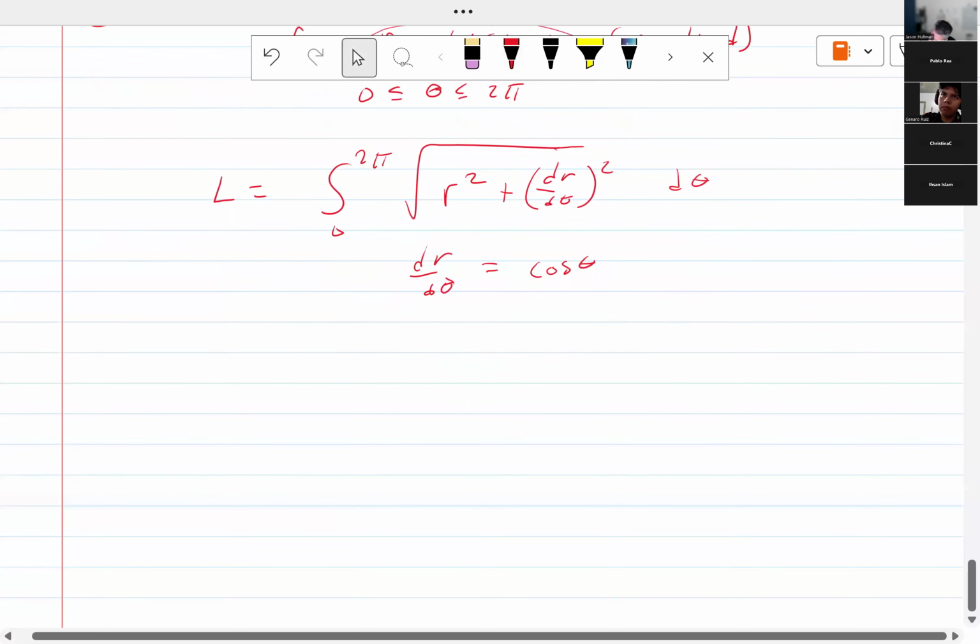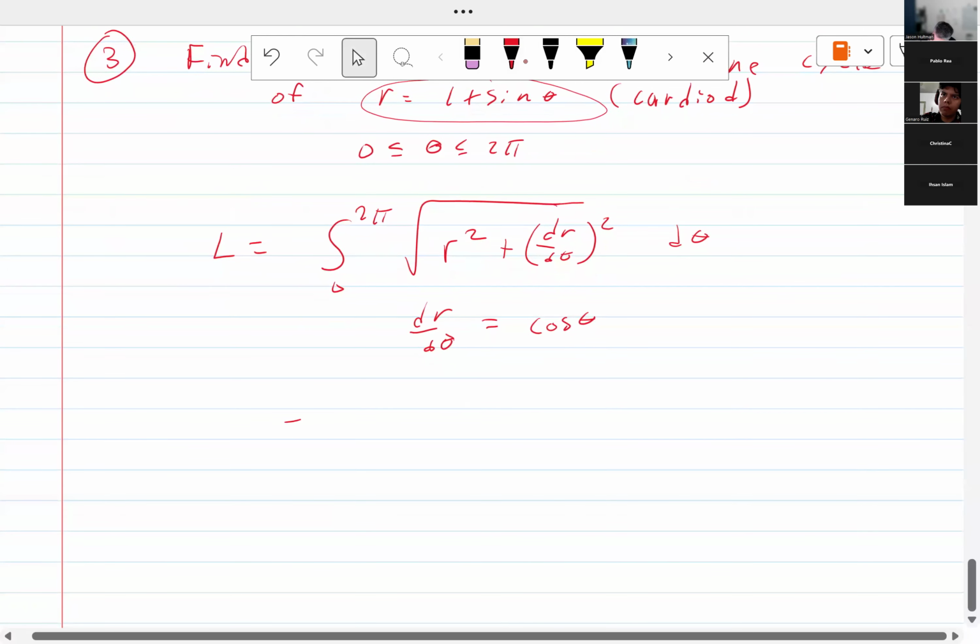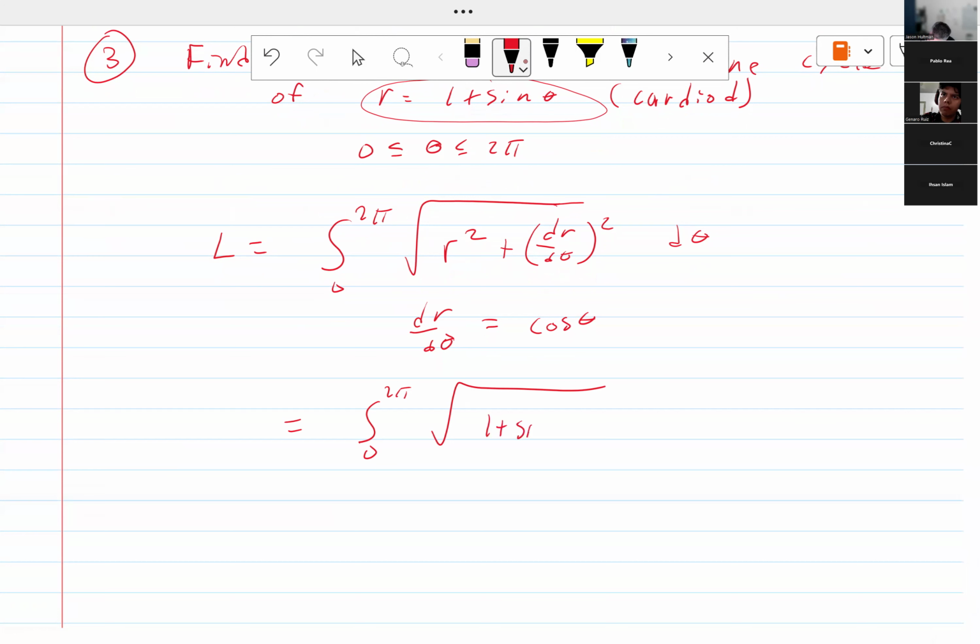So we can plug in now, 0 to 2 pi. This is going to be the square root of r squared, that's just 1 plus sine theta squared, plus dr d theta, which is cosine theta squared, d theta.